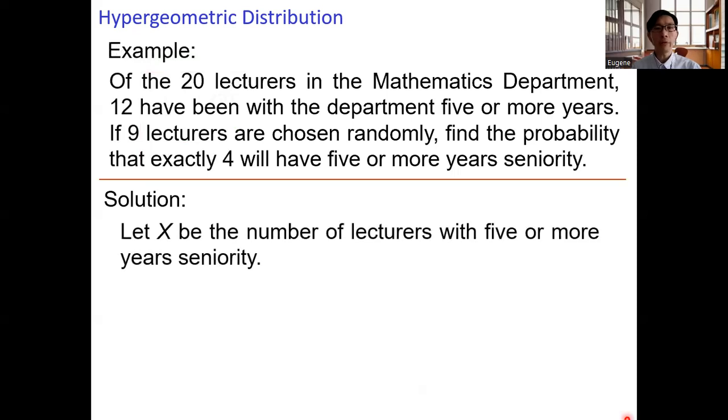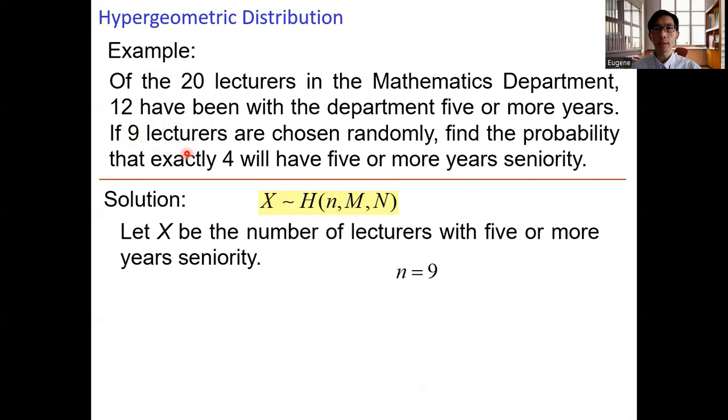Let X be the number of lecturers with 5 or more years seniority. This is a hypergeometric distribution with n equals 9. This is the sample size. We choose 9 lecturers.